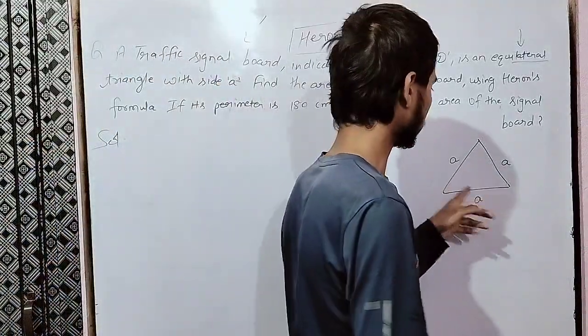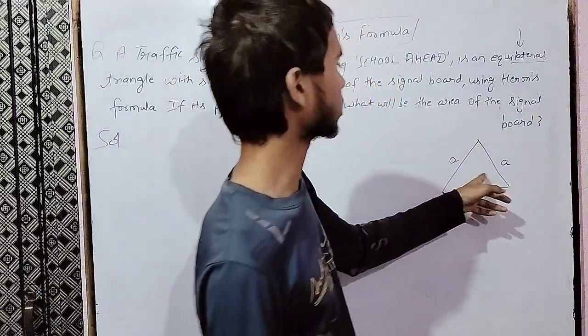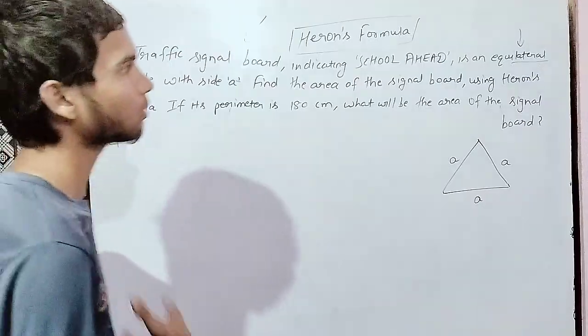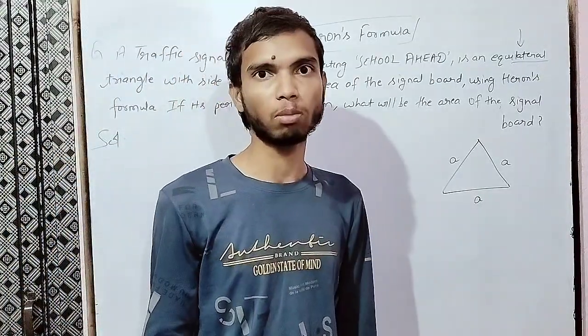The question is saying you have to find the area of this signal board, which is an equilateral triangle, using Heron's formula. It is indicated that we have to use Heron's formula.